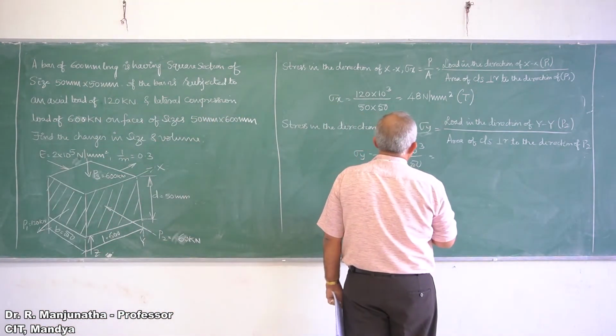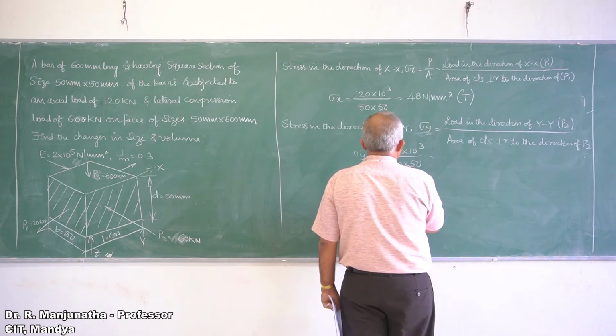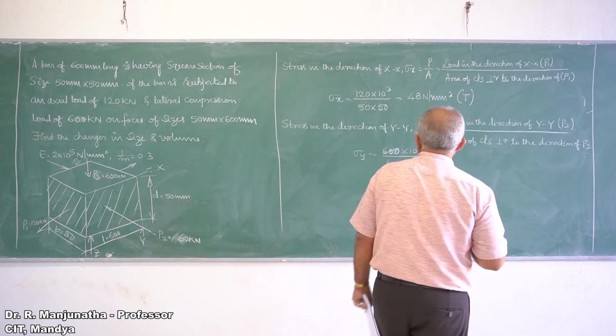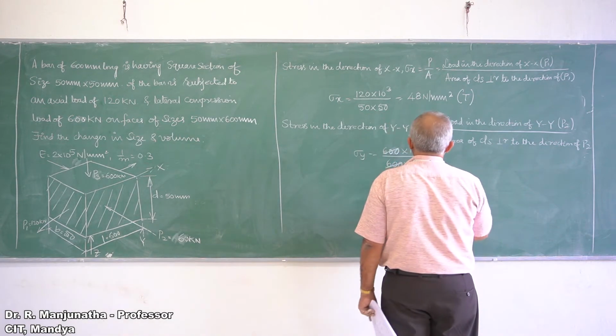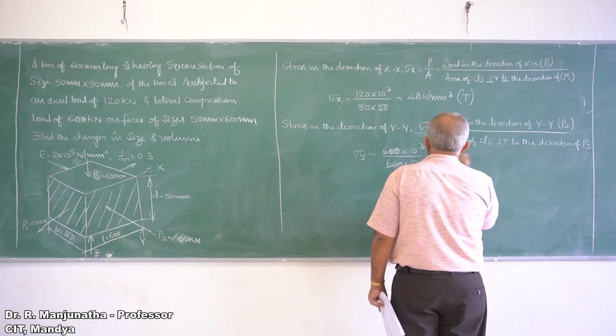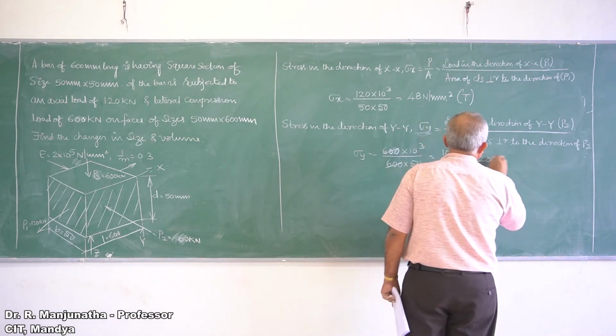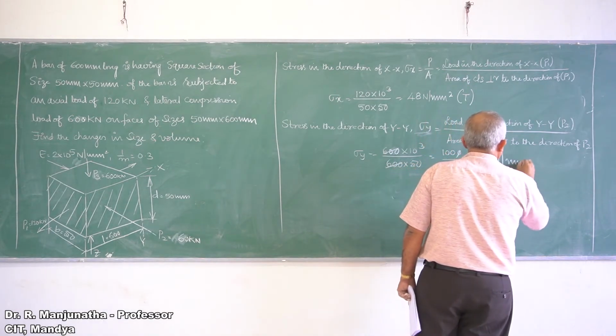So the 600s cancel, leaving 10 to the power of 3, that is 1000 divided by 50, which is 20 Newton per mm square.